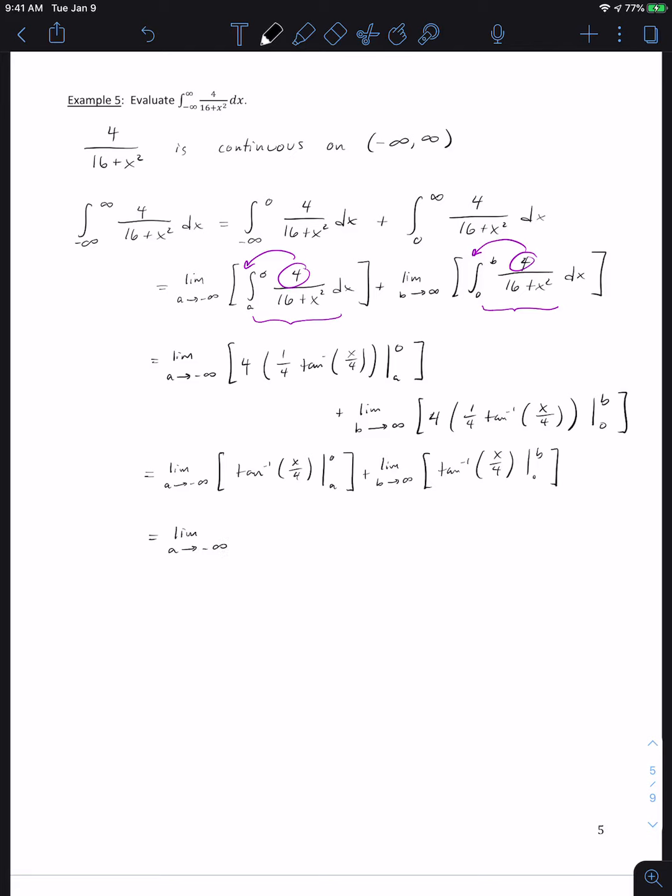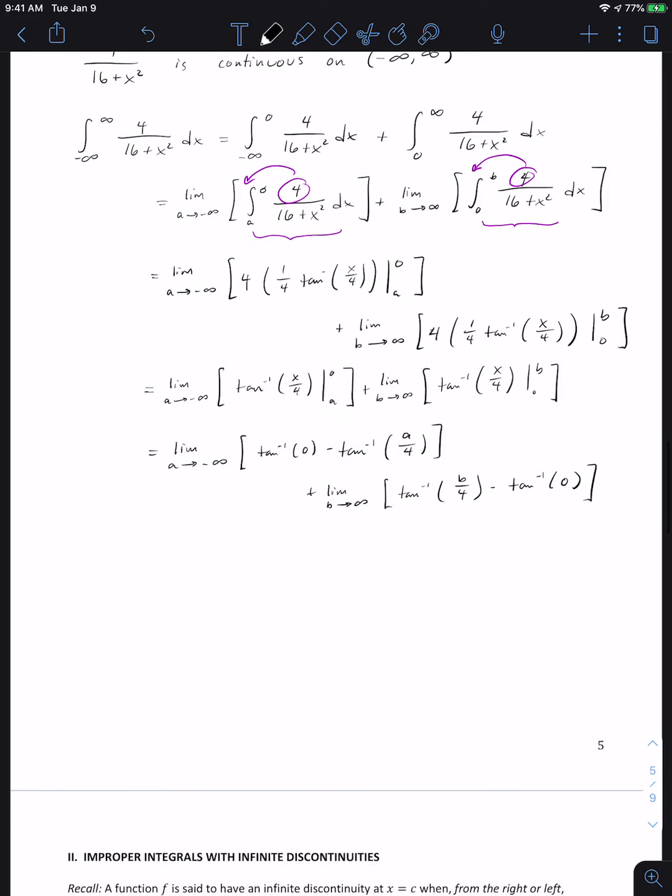If I plug in 0, I get tangent inverse at 0, minus tangent inverse at a over 4, and now plus the limit as b goes to infinity of tangent inverse of b over 4 minus tangent inverse at 0.